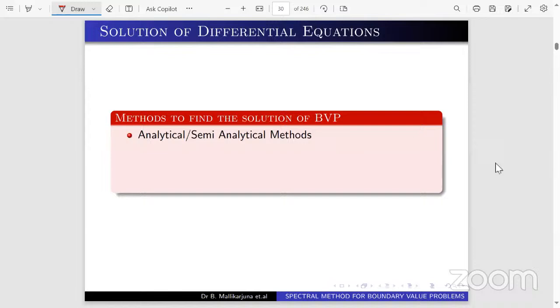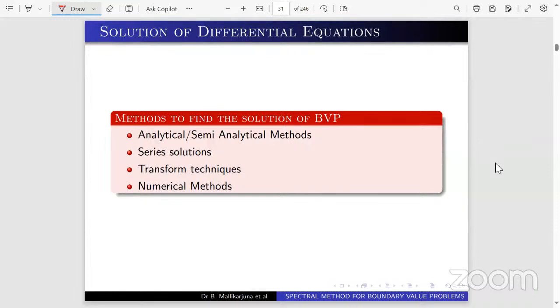Those are simple linear ordinary differential equations. For such equations, you can simply get the solution using analytical techniques, semi-analytical, series solutions, transform techniques, or numerical. If the problem can be solved analytically, you can implement that.